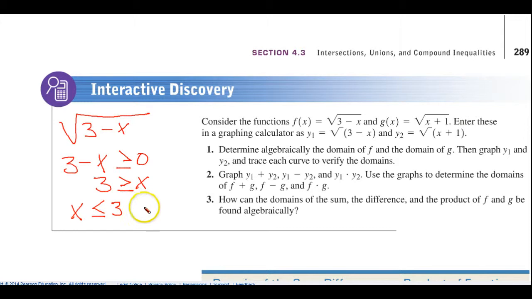Then, when we do our graph, there's our 3, and this is going to be a bracket facing to the left. Okay, now we get lots of negative values down here as we write it in, let me write this in set builder. This is defining the domain of this, and interval notation.